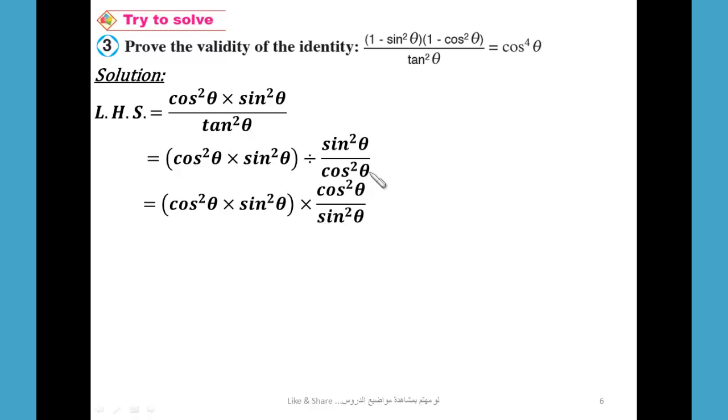And we write the multiplicative inverse of sine square over cosine square. It will be cosine square over sine square. And now we can simplify sine square with sine square. So the result will be cosine square theta multiply cosine square theta equals cosine power 4 theta equals right hand side.